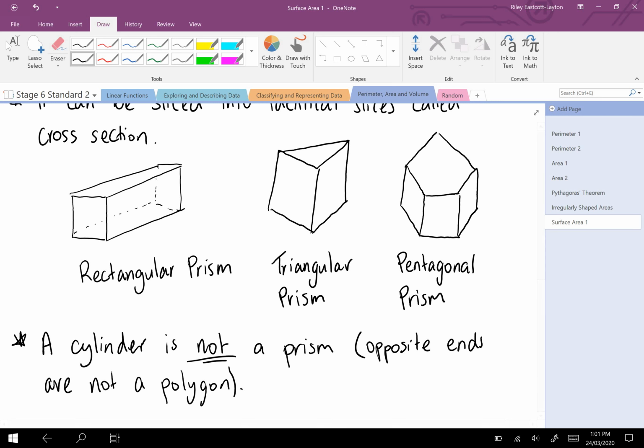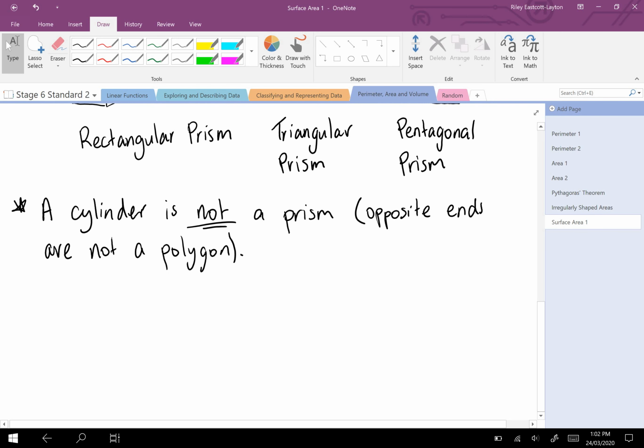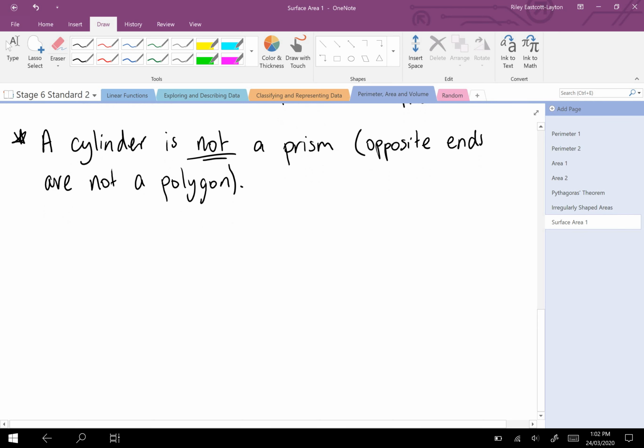Now, sometimes when we're thinking about how we might find all the outside facing shapes of a prism, we need to think about the net. And so similarly to all this discussion about prisms, we're going to take it right back to primary maths.